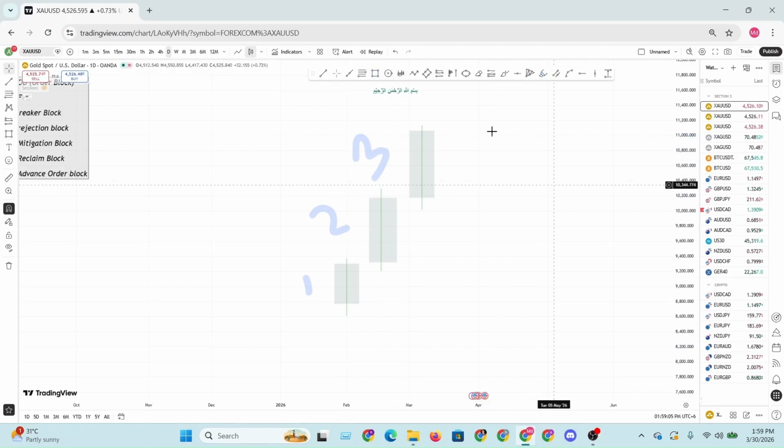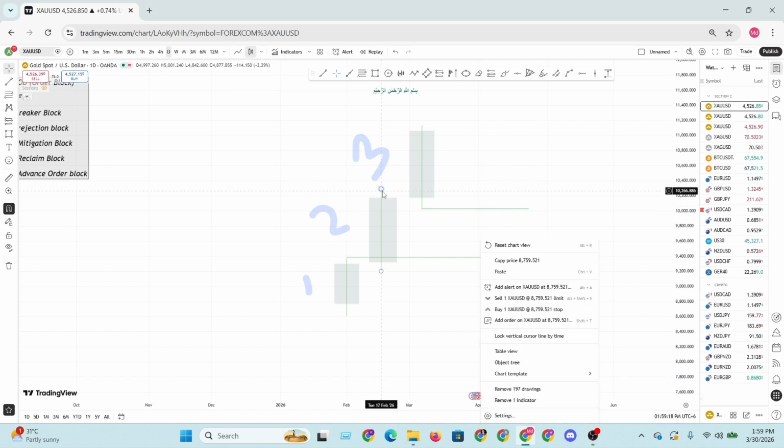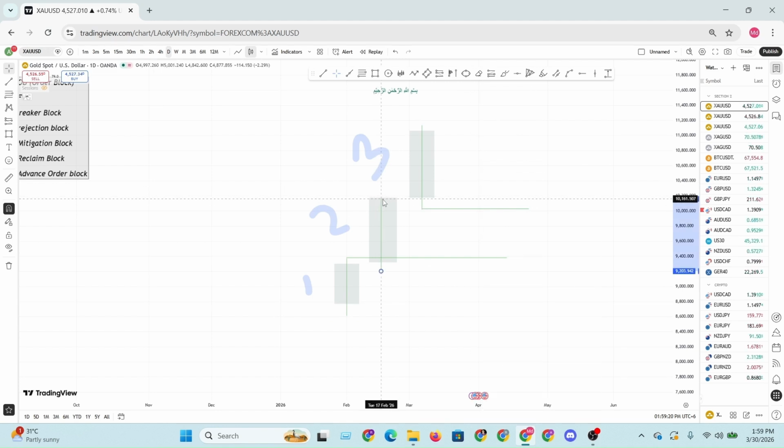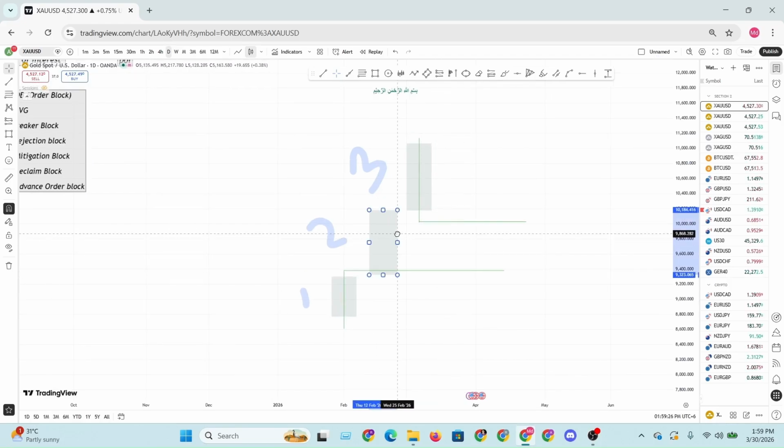The gap between the first candle and the third candle. See, there is a gap between these two candles.